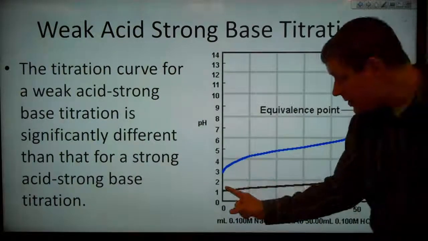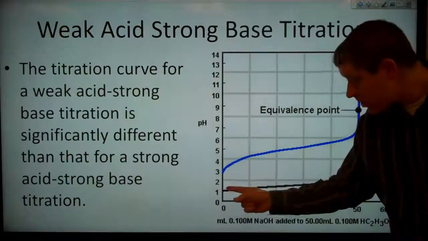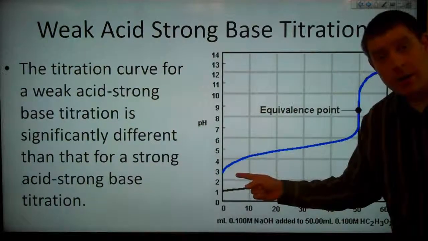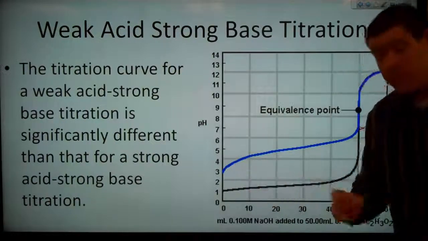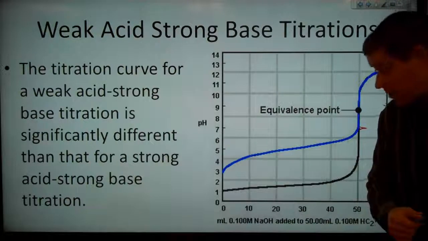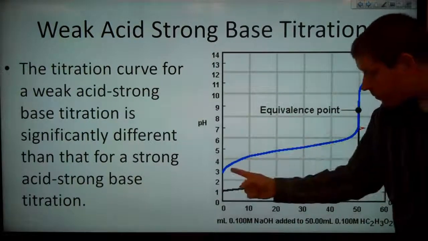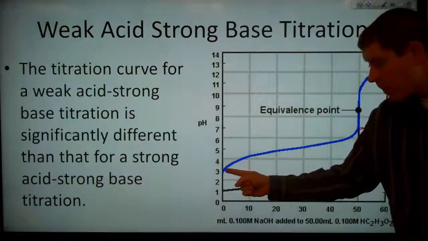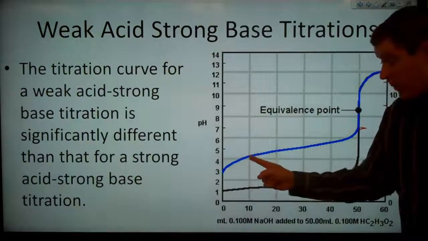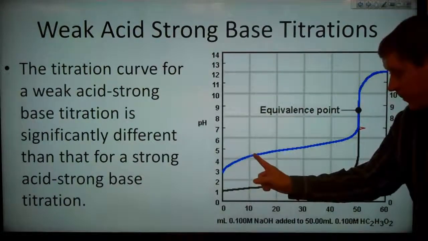So in this case now, we start out with a weak acid. We started out with originally the same concentrations. The pH is going to be higher because a weak acid is going to have a higher pH than a strong acid at the same concentration. So you note here that the blue curve goes up very quickly initially, and then it levels out more.